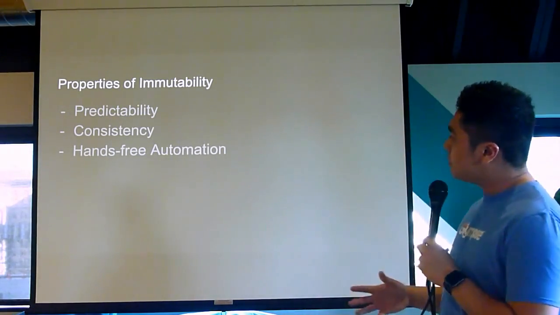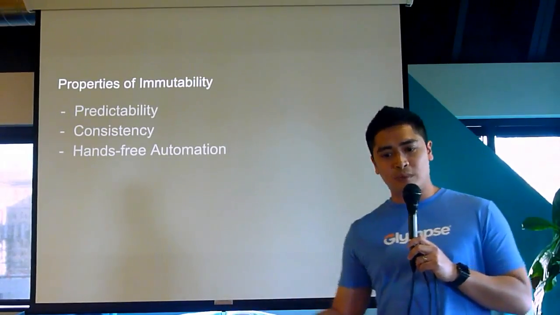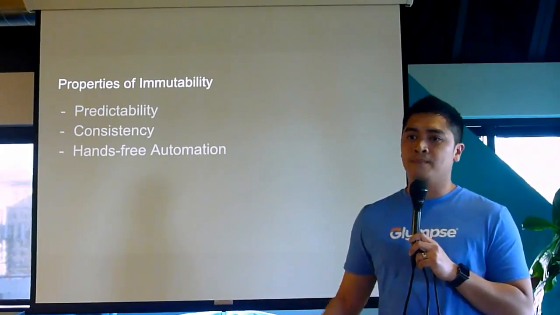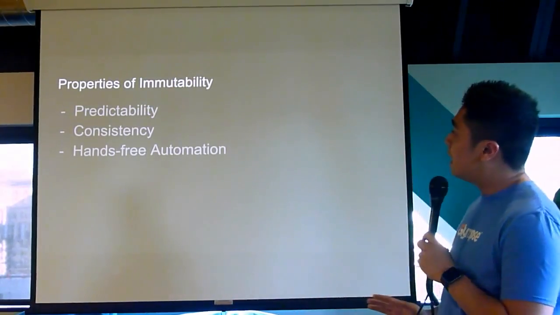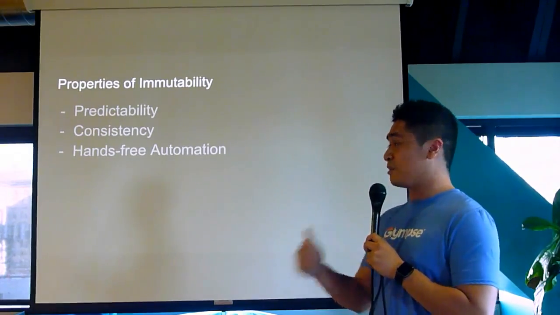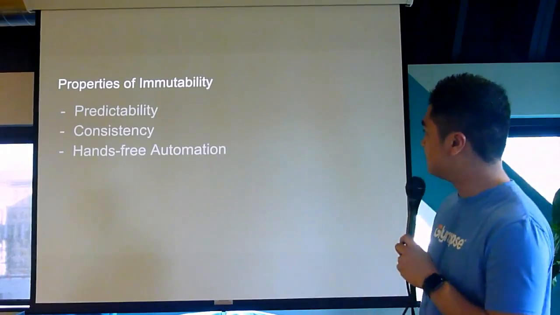Well, if you have immutability, you won't get called, because a new box is going to come into play, it's going to go into service, and no one gets woken up, right? Everything just handles itself, and you know what's going to be provisioned because of the predictability and the consistency of your infrastructure.